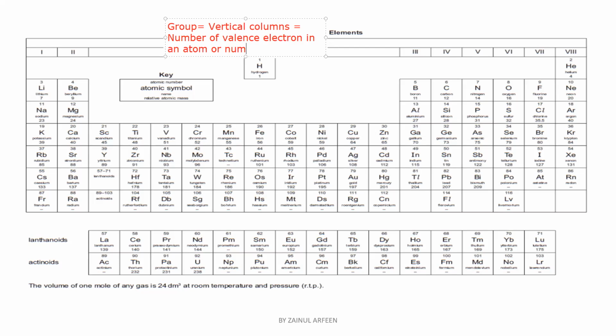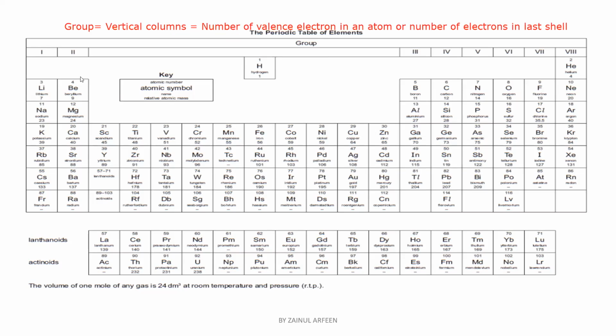So how many electrons are there in the last shell, that will represent the group number.